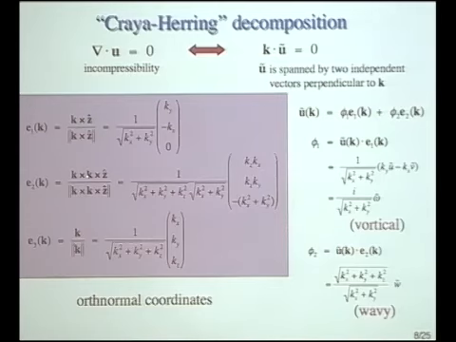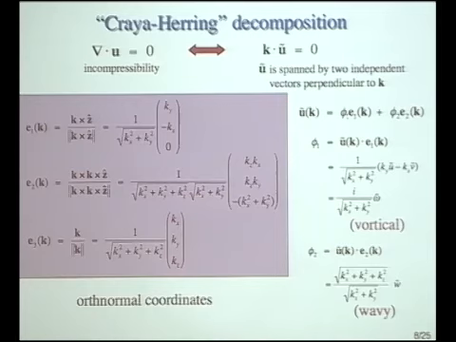We use two orthonormal vectors perpendicular to k by taking a vector product. Using Cartesian coordinates, these unit vectors can be expressed like this, and the third component is k, the wave number itself. These three make orthonormal coordinates.